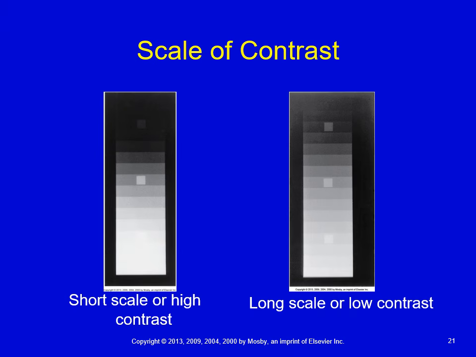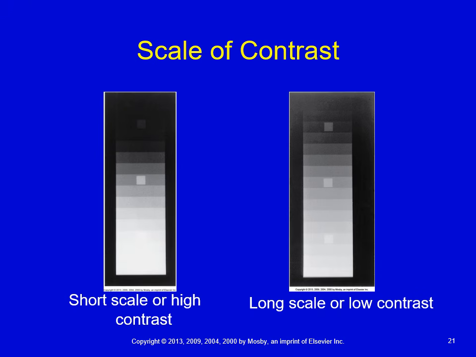We also can describe it as having low contrast, and this usually happens with higher KVP. So again, this goes back to the grayscale telling you basically how many shades of gray you have, and the scale of contrast is basically going to describe those shades in terms of how the image looks.